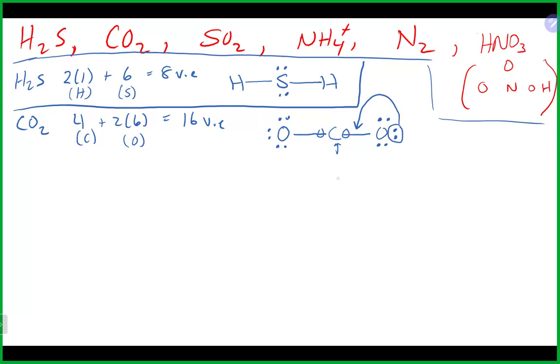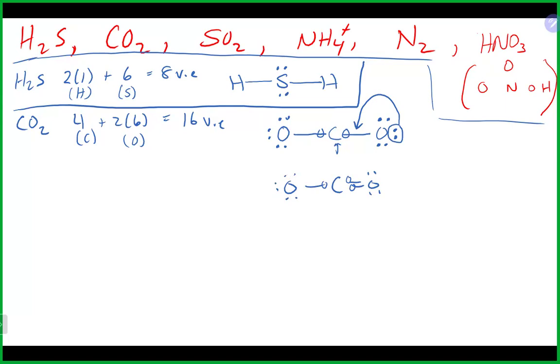That gives us a double bonded oxygen on the right and a single bonded oxygen on the left. Did we fix the problem at this point? We did not. It did get better. Our carbon now has 6 electrons, so it's getting close.